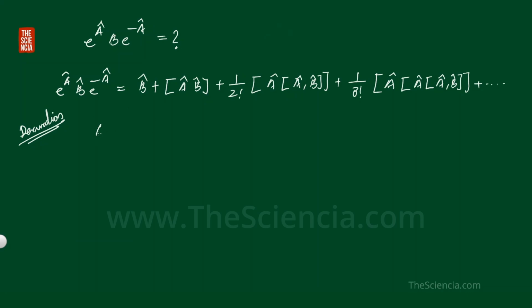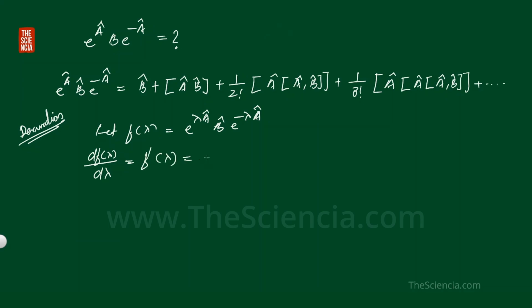So let us consider a function f of lambda, that is e raised to lambda a b e raised to minus lambda a. Now I am going to find out a derivative, that is df of lambda with respect to lambda, which I am representing as f dash of lambda.